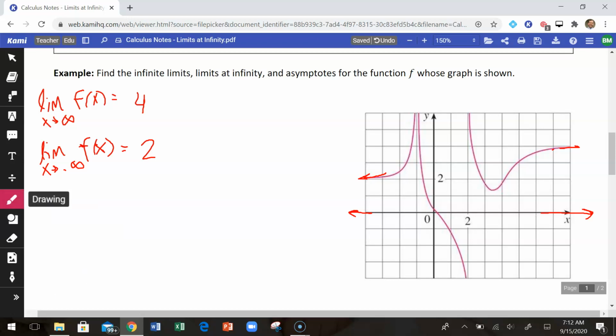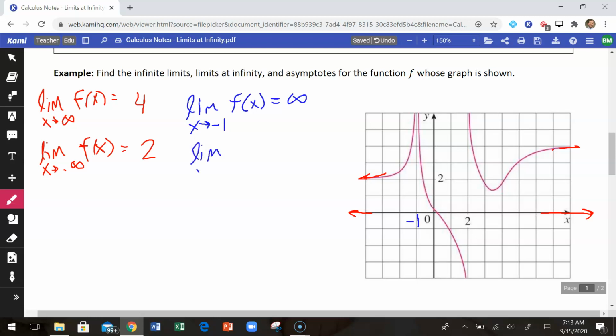The infinite limits say, at what x values do we have a limit that is infinity or negative infinity? So where does that happen? Well, as our x values approach negative 1 from both sides, we have a vertical asymptote there. So as the x values approach negative 1, the limit is positive infinity.